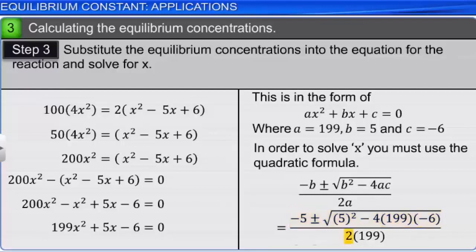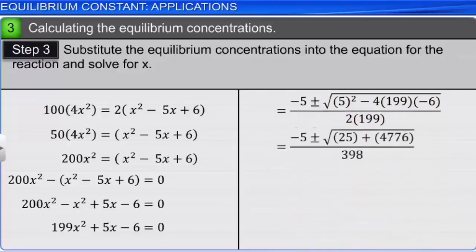This can be written as minus 5 plus or minus square root of 25 plus 4,776 divided by 398.